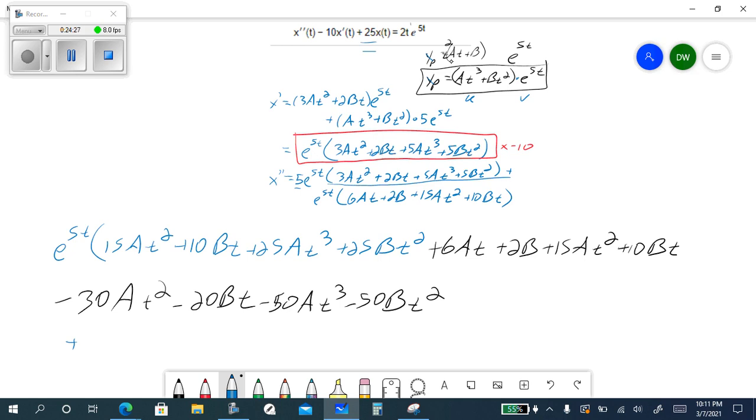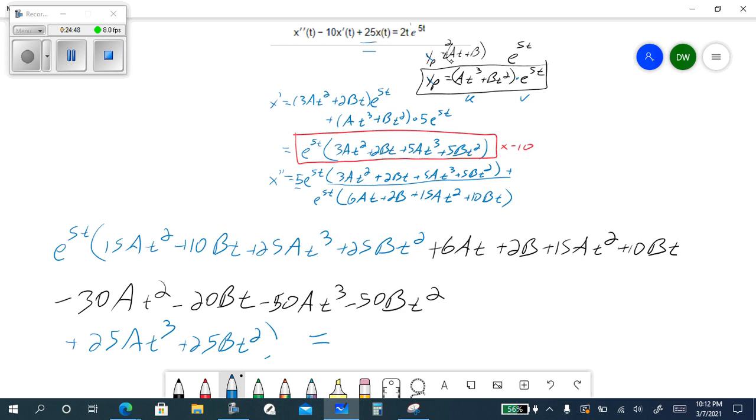So let's take the e to the 5t here, and then we're going to have 25a t cubed plus 25bt squared. That e to the 5t, we didn't write it because it got factored out all the way to the beginning.